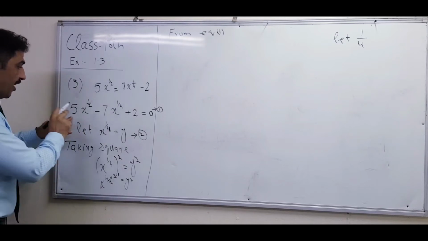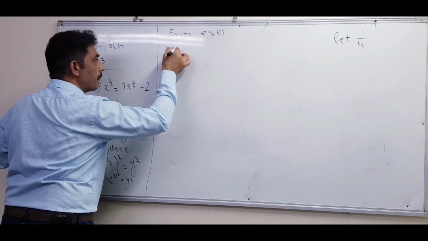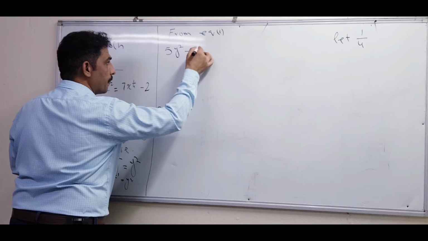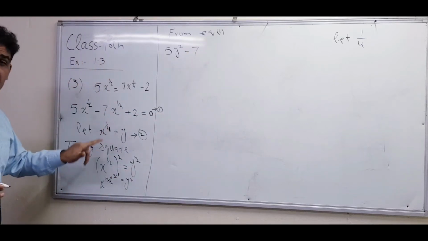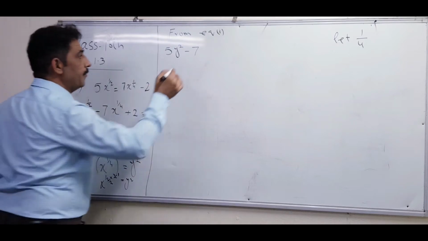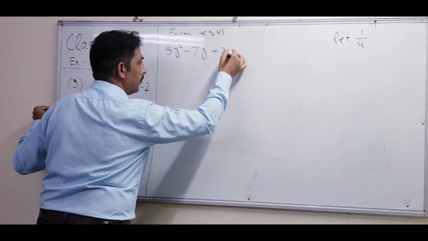So what do we write? 5y square. After that minus 7, and x exponent 1 over 4 is equal to y. Good. Plus 2 will remain the same.